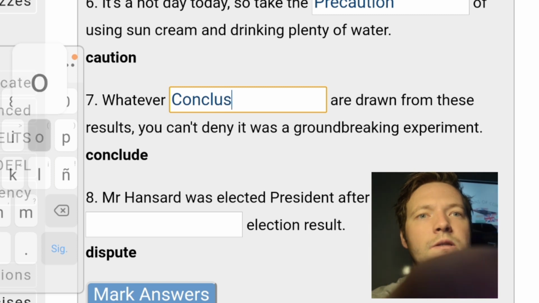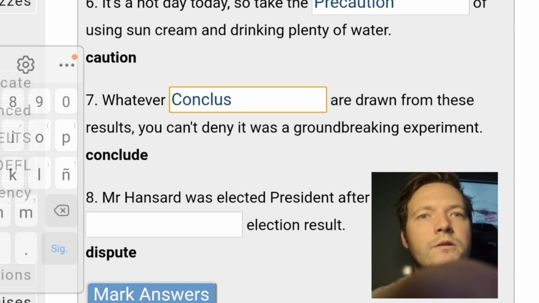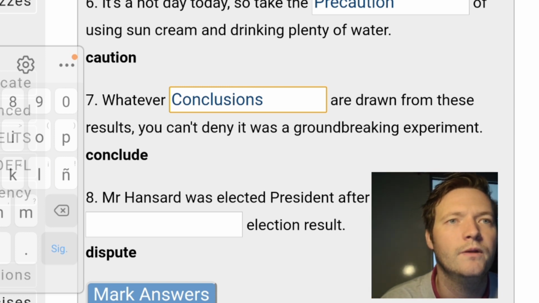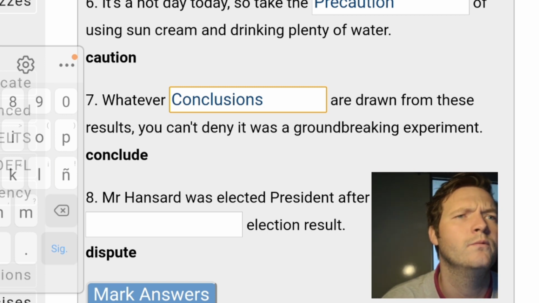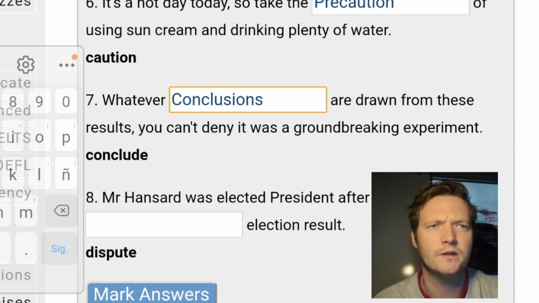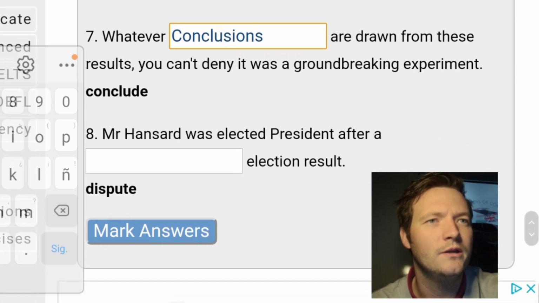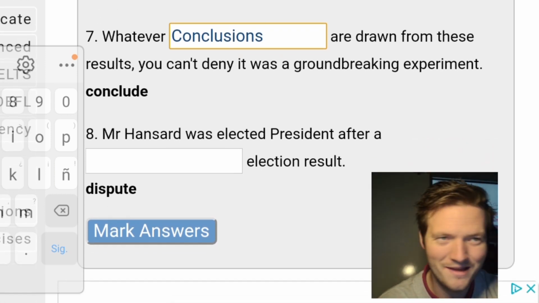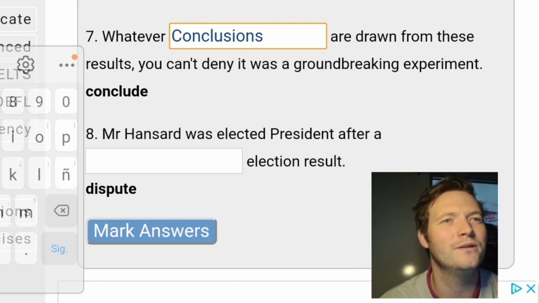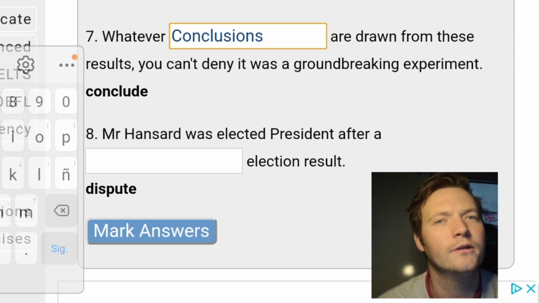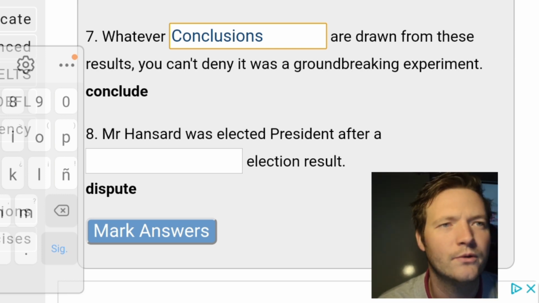I don't think the word in itself was hard to arrive at, but yeah, we must remember to put it in plural. Yes, it was a vanguard, breaking new ground, never been done before. So it doesn't matter what conclusions we draw from it. It was still groundbreaking.